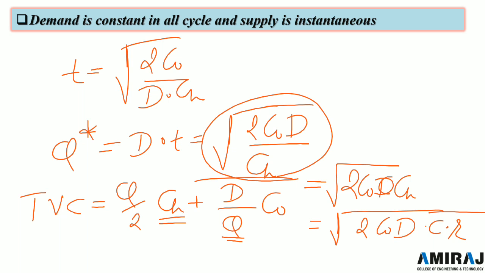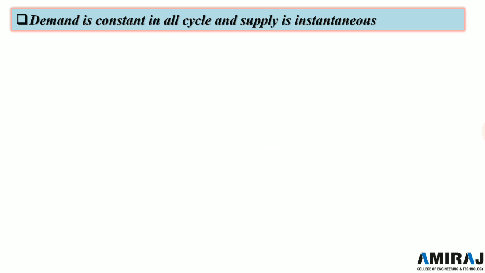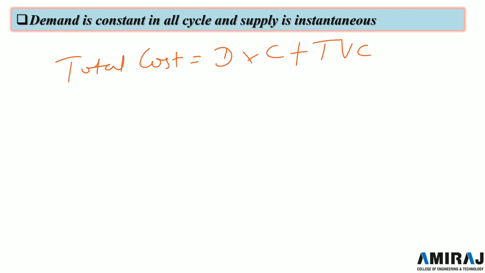If we consider the cost of the product, that is the total inventory cost, the total cost will be equal to D cross C plus the total variable cost.